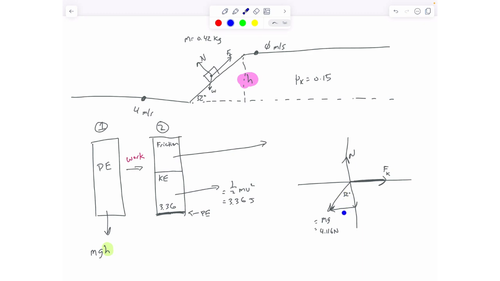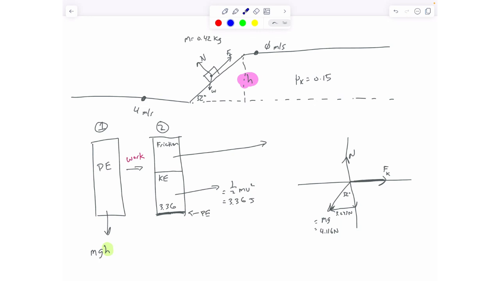If I do that, I'll get 3.243 newtons to the left, or in this case down. That's going down the ramp.